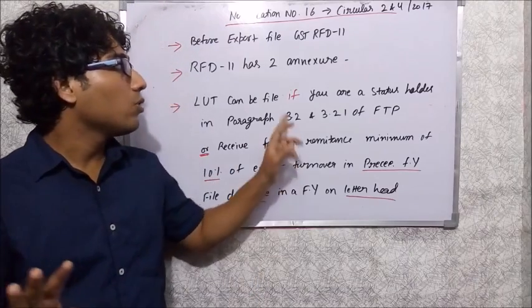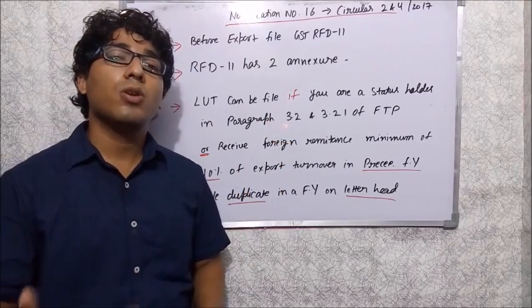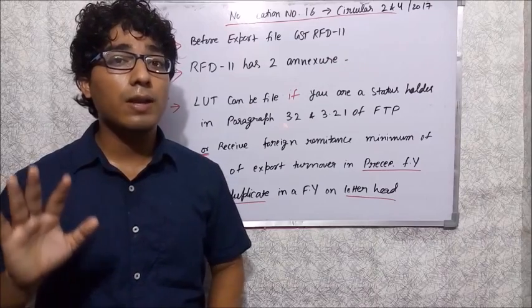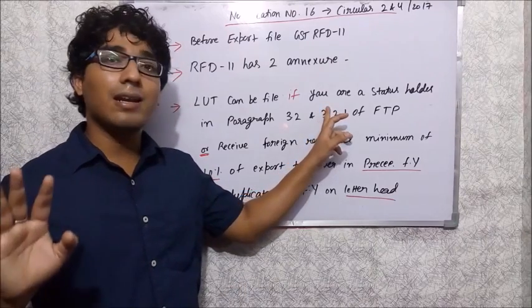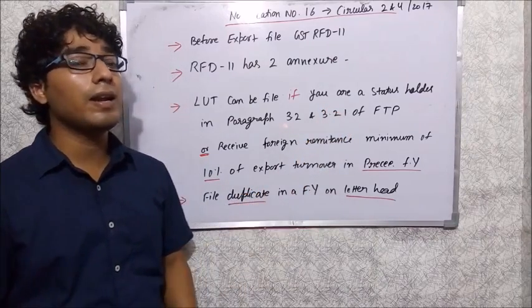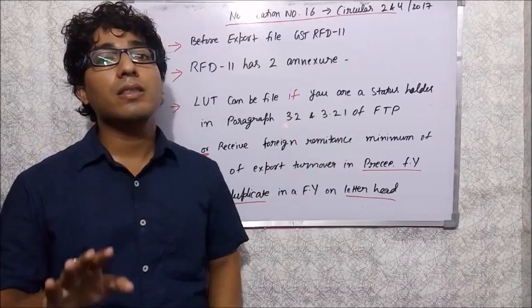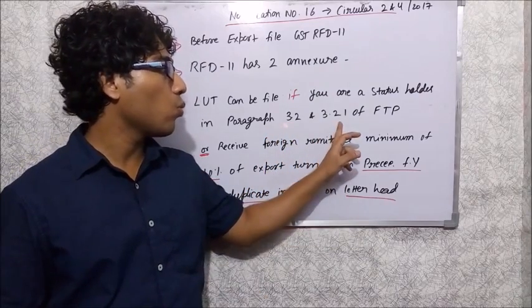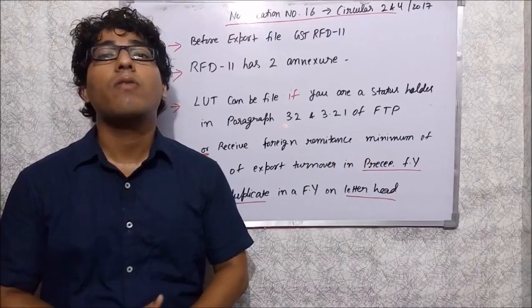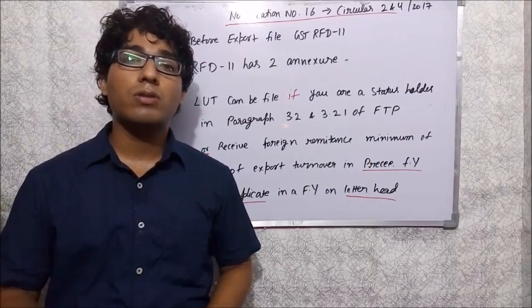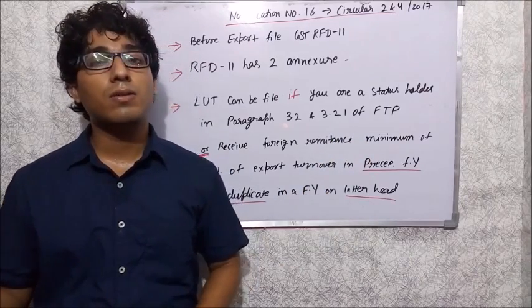First, you can execute the letter of undertaking only if you are a status holder as specified under paragraph 3.2 and 3.21 of the Foreign Trade Policy 2015 to 2020.